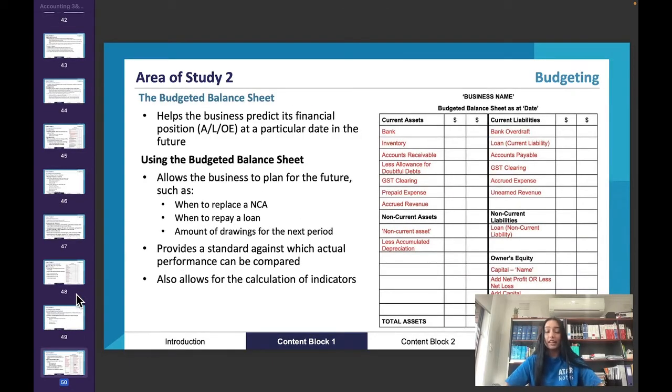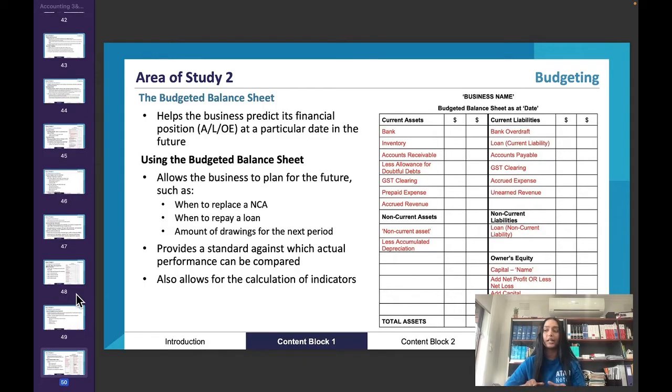The budgeted balance sheet helps the business predict its financial position at any particular date in the future. So note that the income statement and cash flow statement can be prepared for future periods, but a budgeted balance sheet can only be prepared for one date in the future. It can't be prepared for a period, it's only one date because the balance sheet is always just as at a single date.